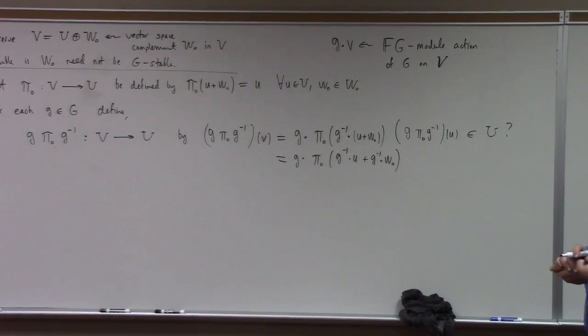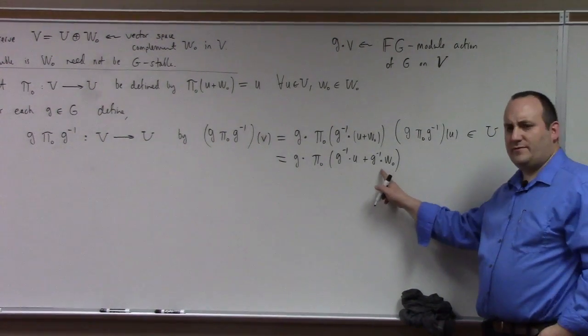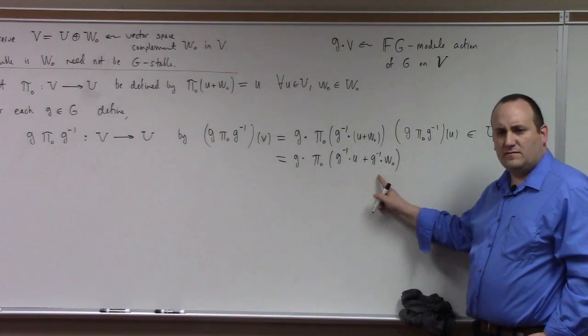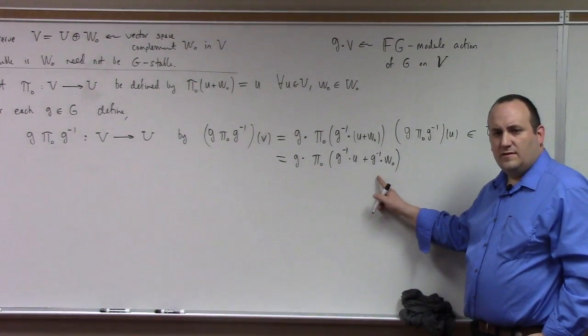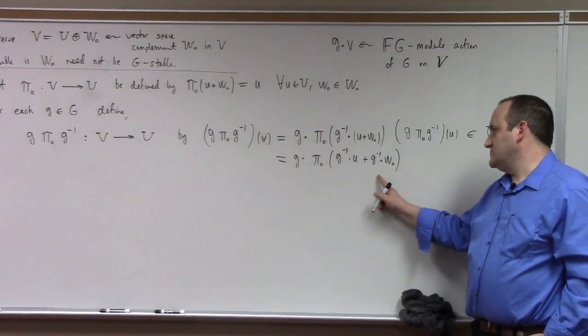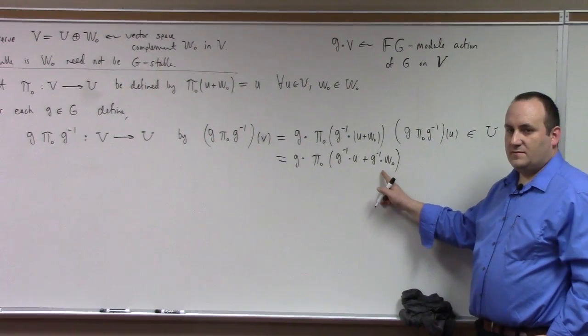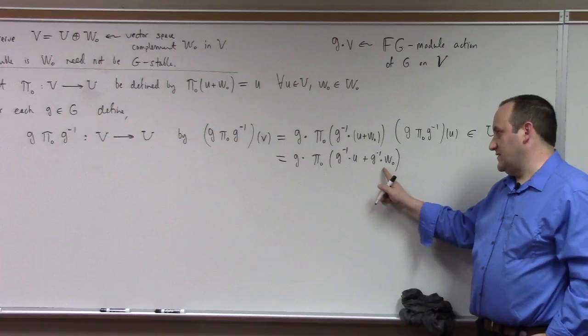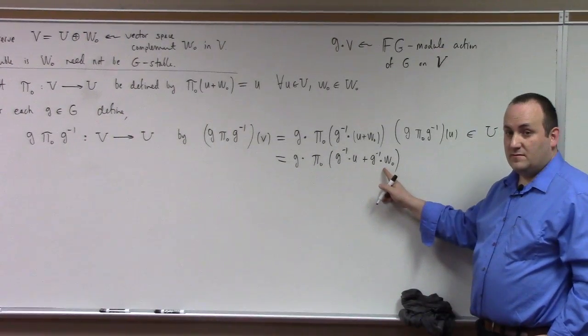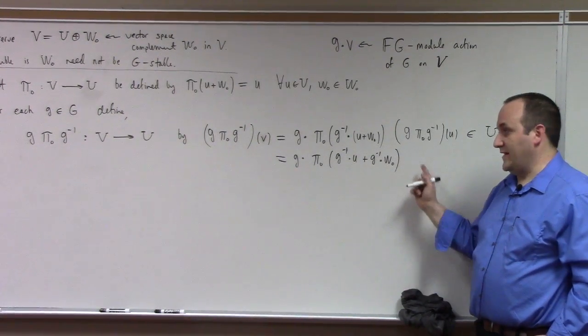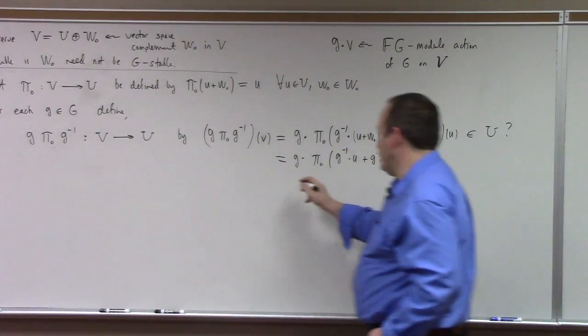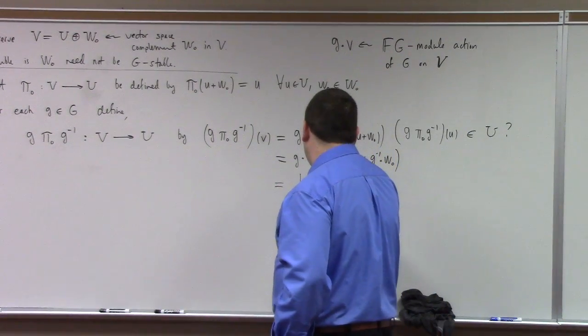I guess I still don't know for sure, how do I know that this doesn't go into U? Do I know that? But your pi naught only maps to U. But if this is in U, then pi still maps it back out. The point is, as I think about it logically, it seems like there are two cases.